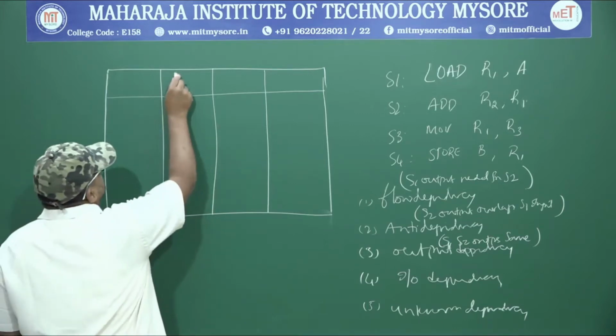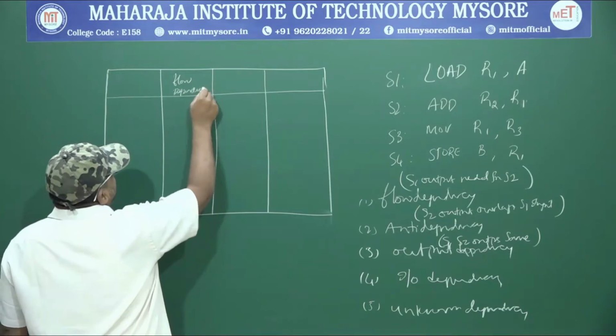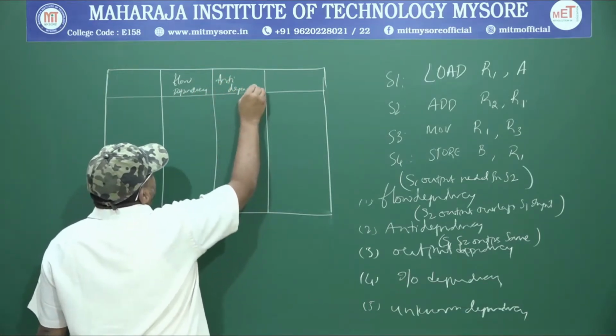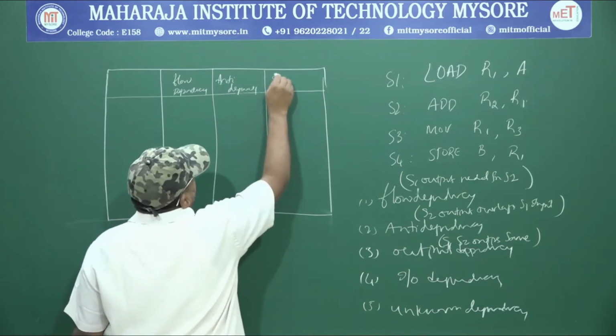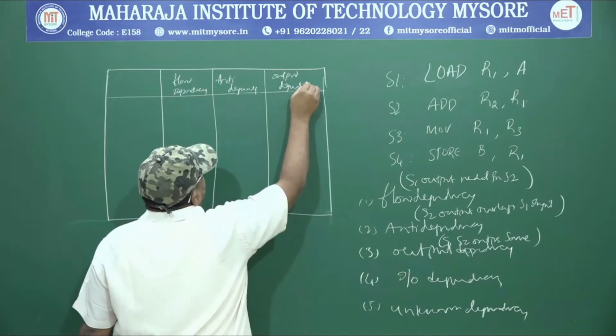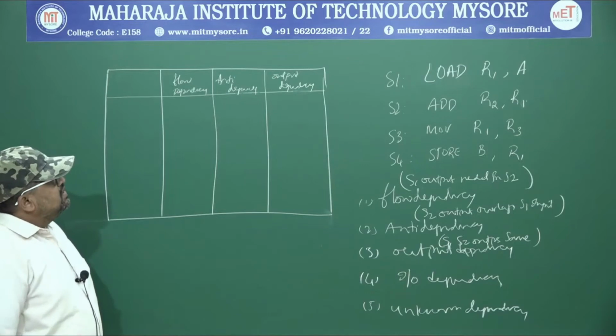This I'm going to call flow dependency. Second one is anti-dependency. The third one is output dependency. Got this?